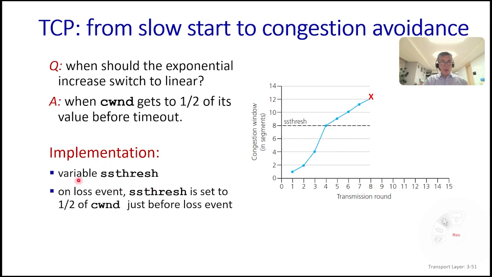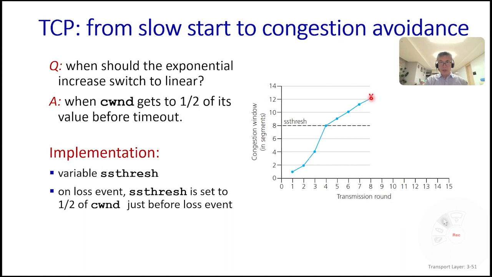When loss happens, the slow start threshold is always half of the CWND just before the loss happened. So it increases, then slow start stops, and then congestion avoidance begins, with transmission rounds: first round, second round, third. All CWND segments are sent and received here.